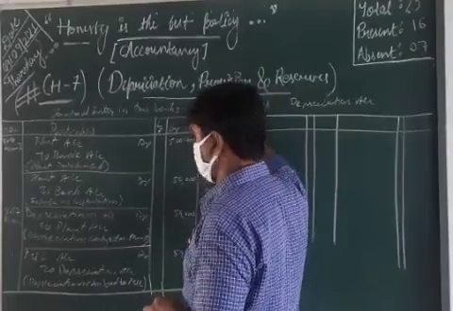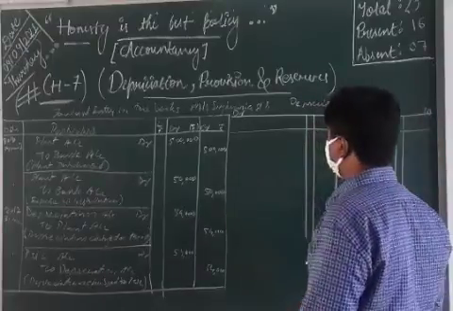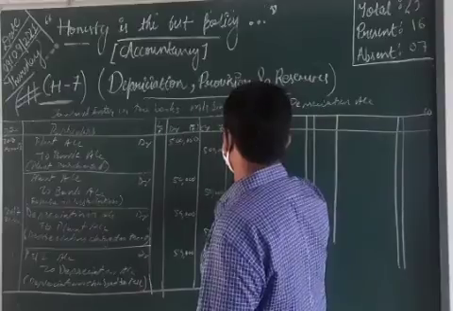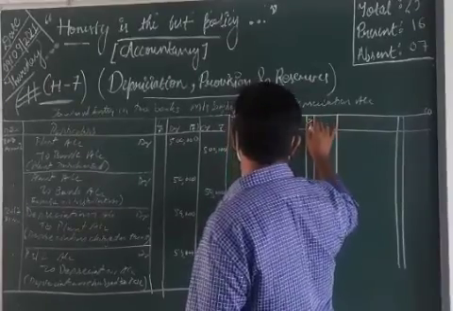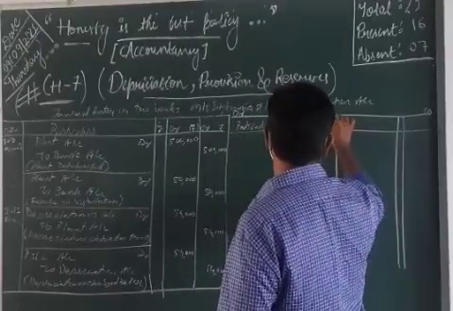And first here you need to give the debit, and this corner you need to give the credit. And here first column is the date column. After that the J amount in rupees.